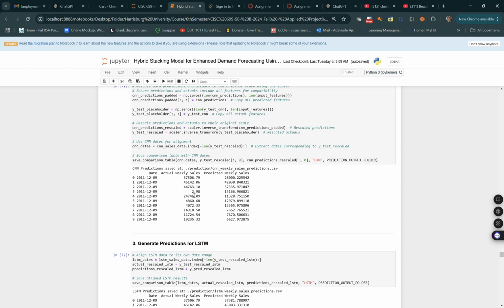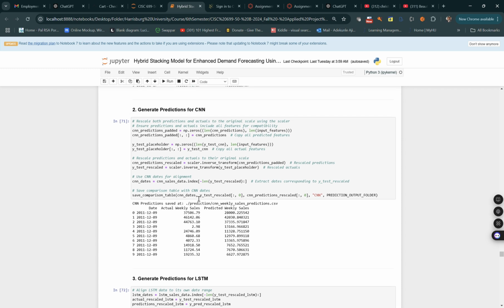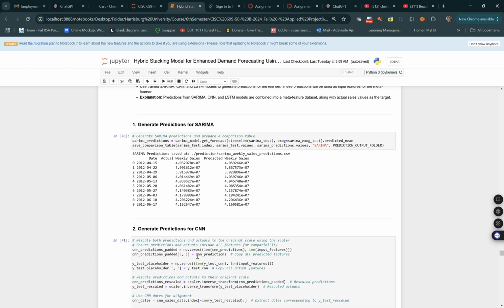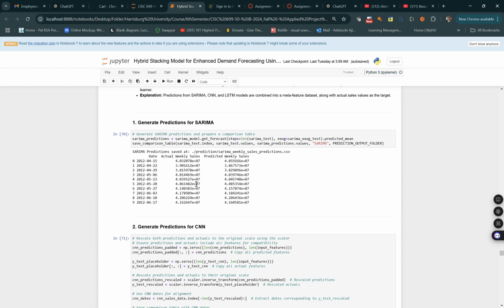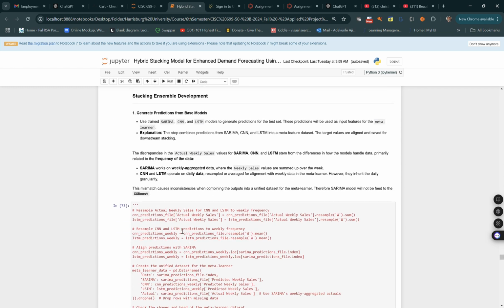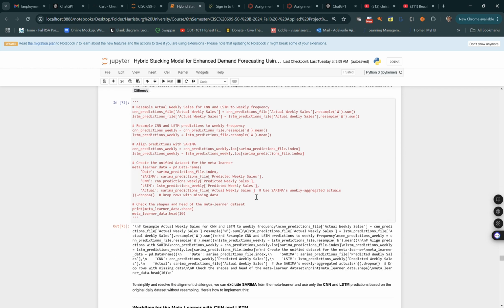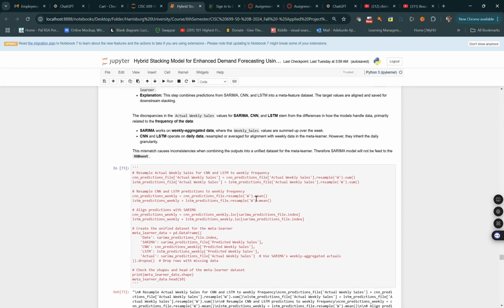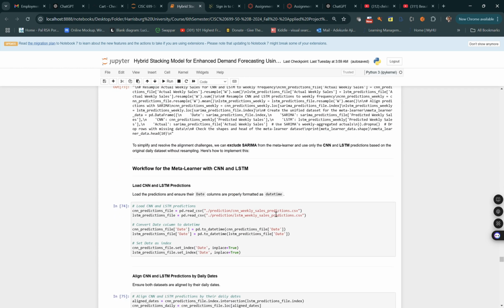The actual prediction here is daily, while this one is aggregated data, while CNN and LSTM are daily actual sales, not weekly. So I tried to use an ensemble for all of them, trying different methods to aggregate those data together, but the result was actually not good.